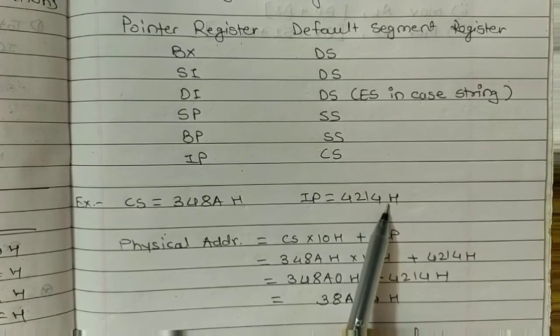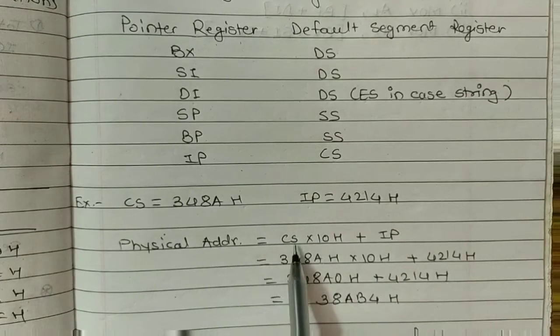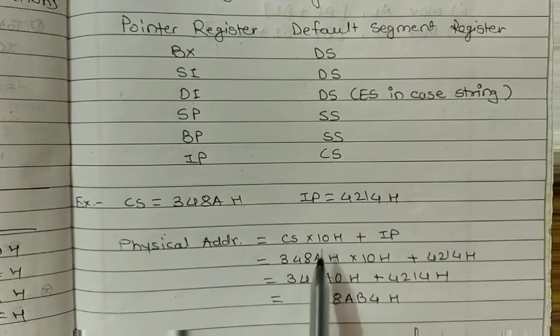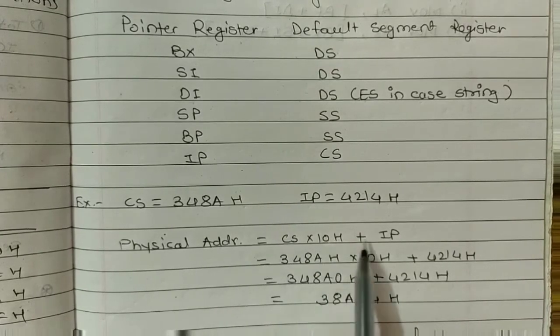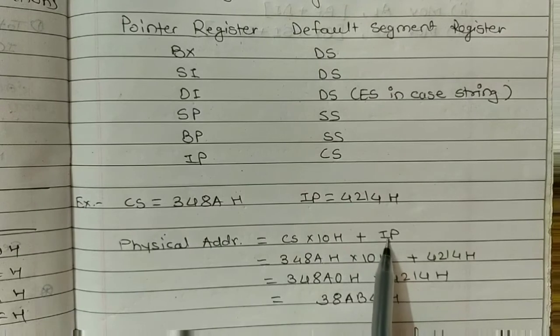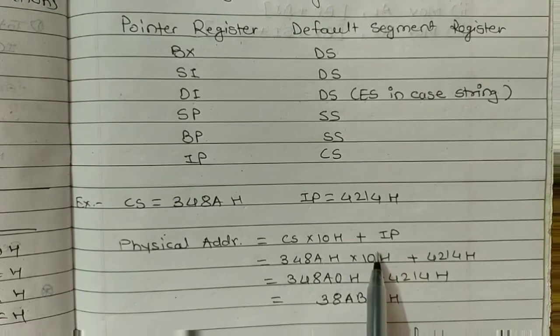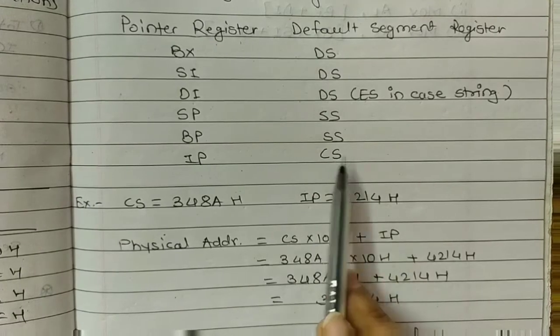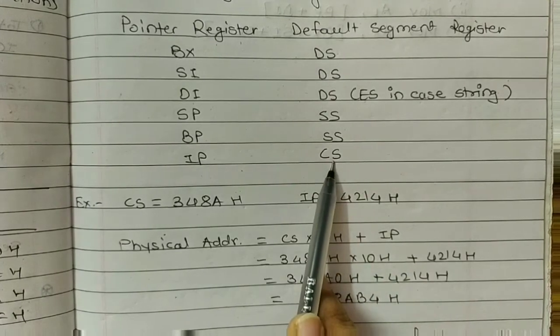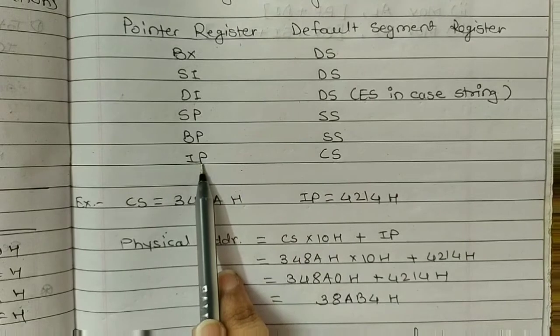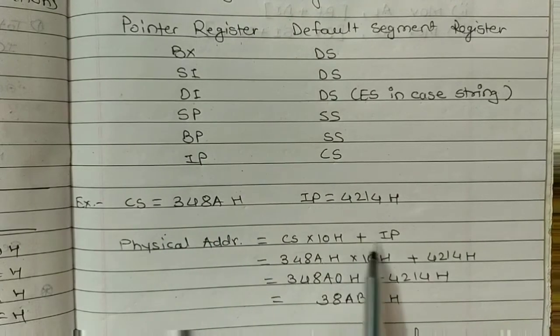Physical address is calculated by segment register into 10H plus the offset, or we can say the effective address. For code segment we have seen the pointer register used is IP, so plus IP.